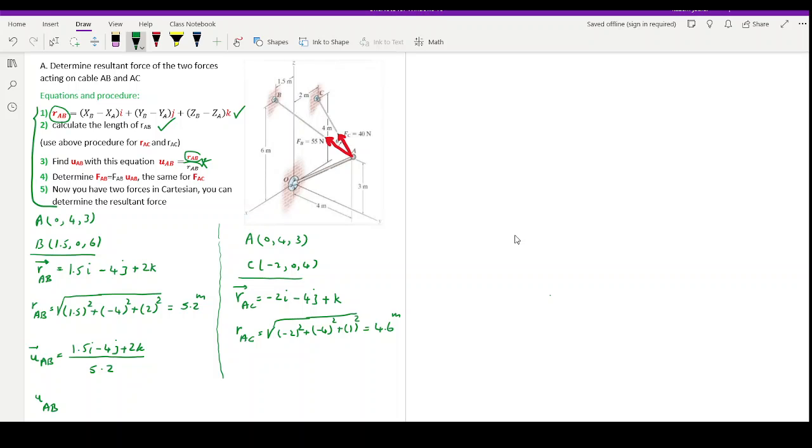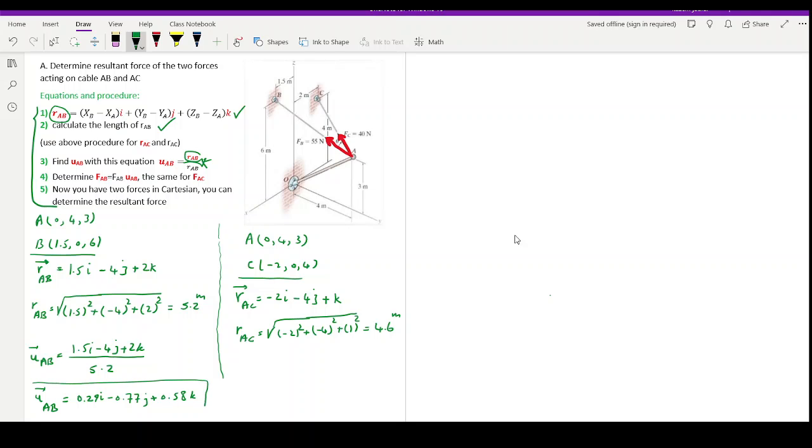You can leave it as it is and multiply it by the force, or you can just divide each individual component by 5.2. I will round it up a little bit. So 0.29 i, negative 0.77 j plus 0.58 k.